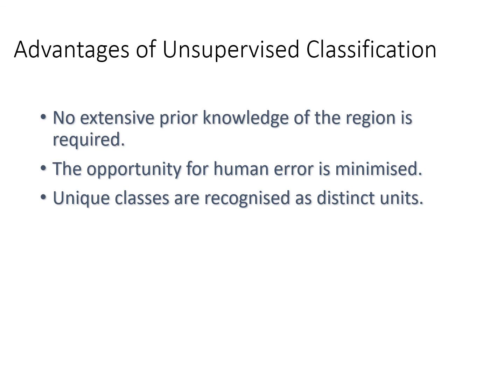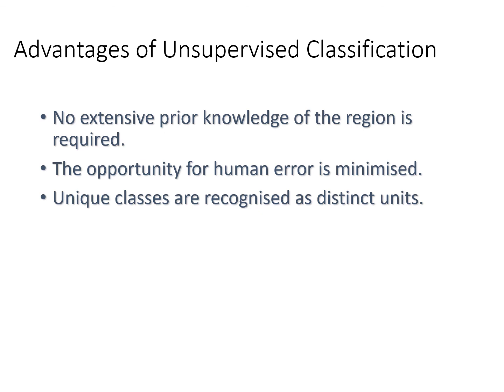The opportunity for human error is minimized. What we're going to see with supervised classification is that the biggest source of error you're going to have is just your ability to identify good training samples. And in general, if you have something unique that you might not have considered, like, for instance, particular roof types.